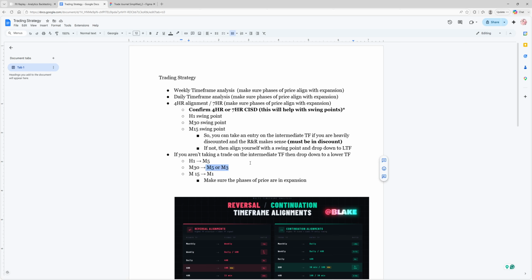Well, you could do that, but you're more likely to get stopped out because price can get extremely choppy and it could do deep retracements to that protected low on the intermediate time frame. So if you're trying to take a continuation on the lower time frame, you can more than likely get stopped out.